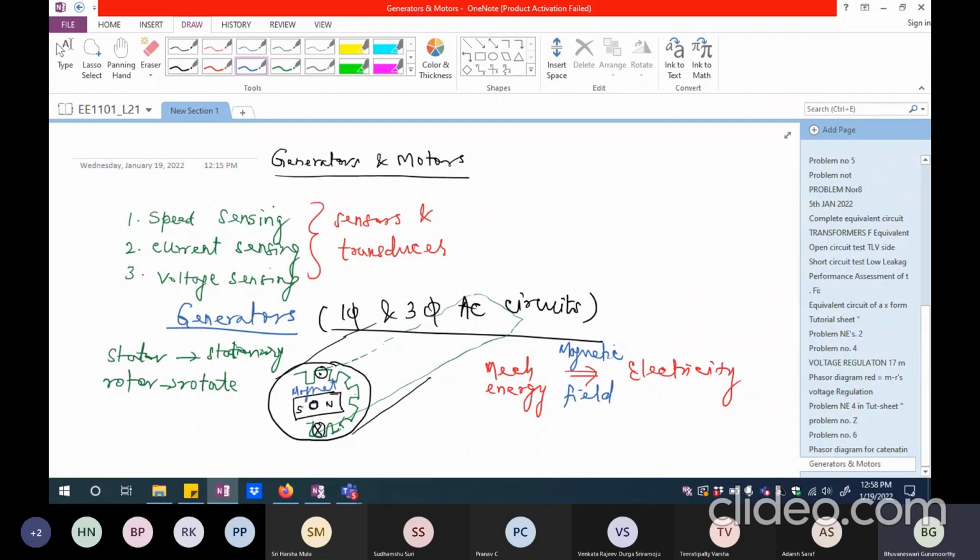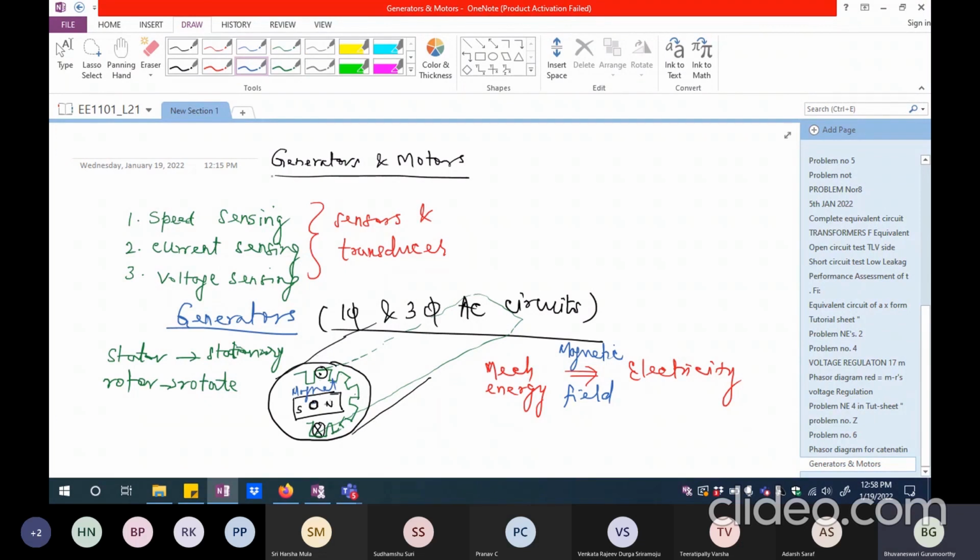This rotor shaft is going to be coupled to, let us say, your hydro turbine or your steam turbine, which is there in the power station. So it is going to be rotating this magnet at a particular velocity as decided by your prime mover speed. The prime mover is either a hydro turbine or steam turbine. So now this magnet rotates.